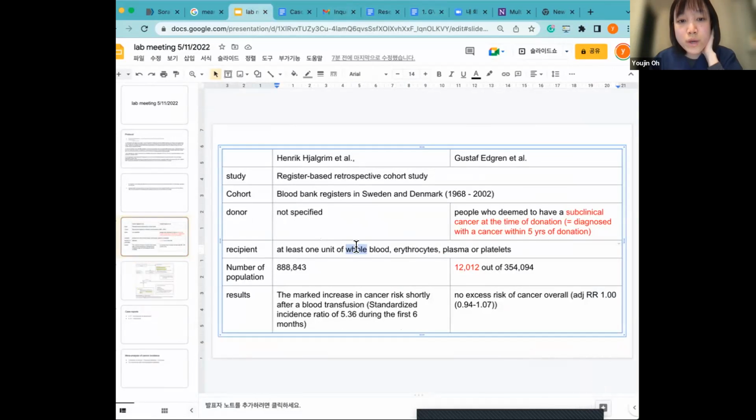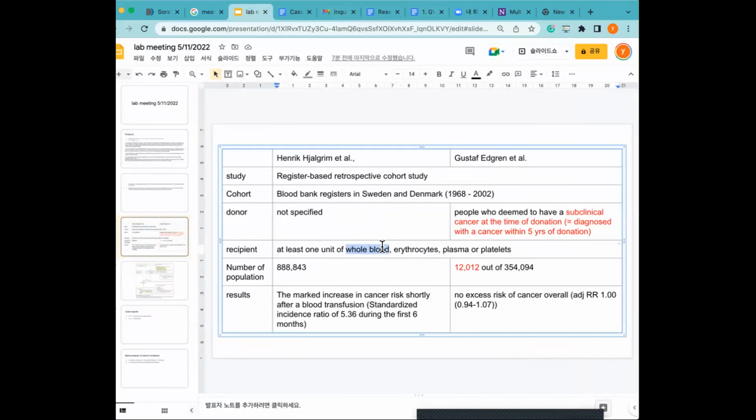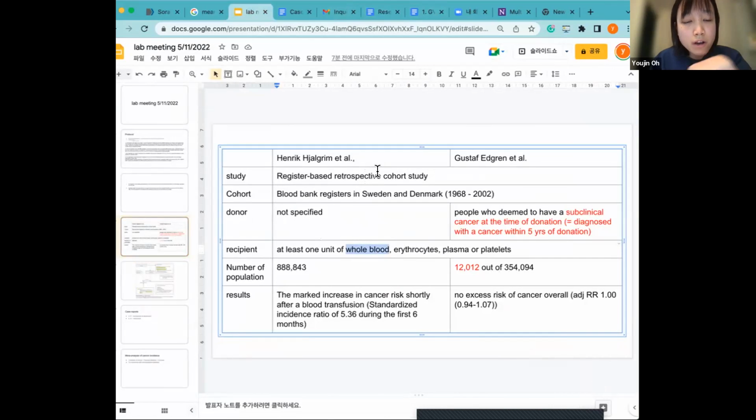Yeah, and just one quick added information. For one of the largest cohort studies, they not only looked at the whole blood, but they also looked at the erythrocytes itself and plasma or platelets. So do you think we have to cover all this as transfusion of our interest?